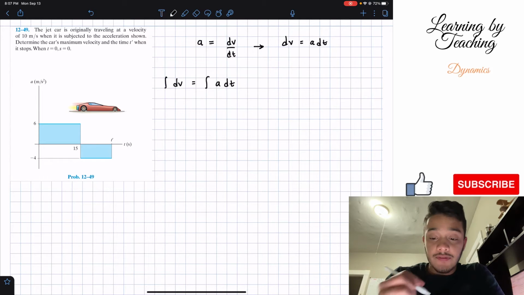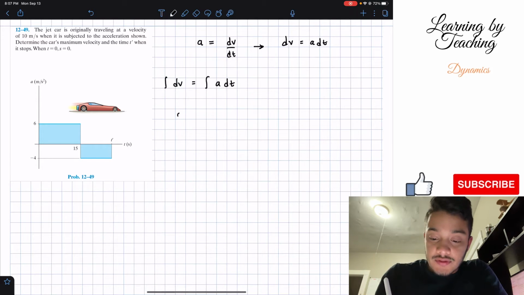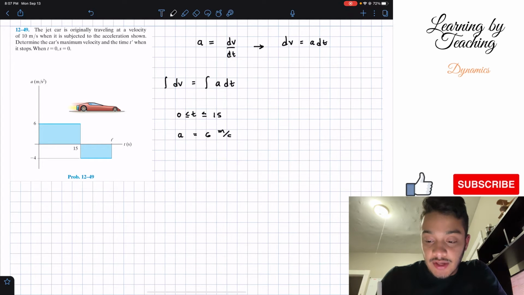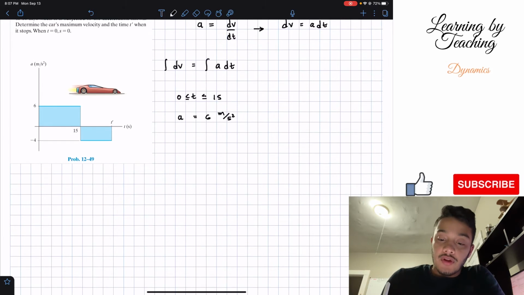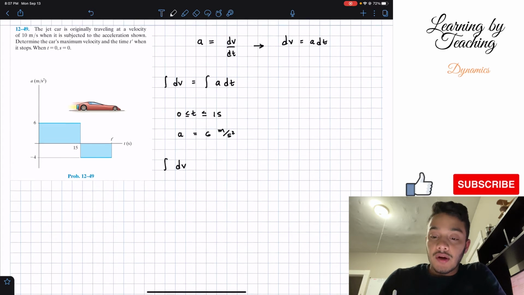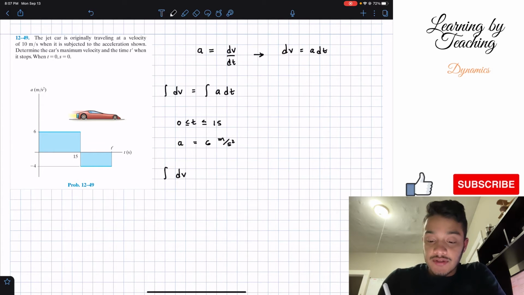So if we start from 0 for our time all the way to our 15 seconds, what we know is that our acceleration is equal to 6 meters per second squared, and it's a constant. So knowing that, we're going to do the integral of our change in velocity. Well, the change in velocity boundaries go from our initial velocity.